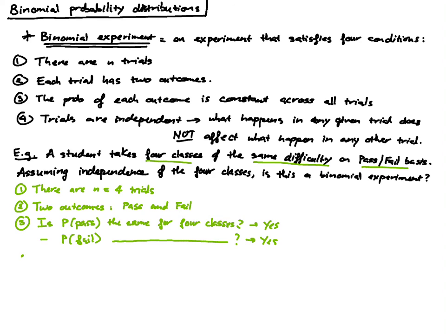And then we need the trials to be independent, which is one of the assumptions. So we have independent trials. Because all four conditions are met, we do have a binomial experiment in this example.